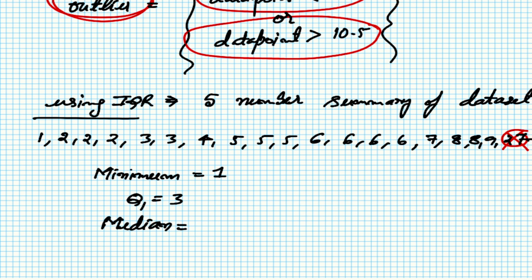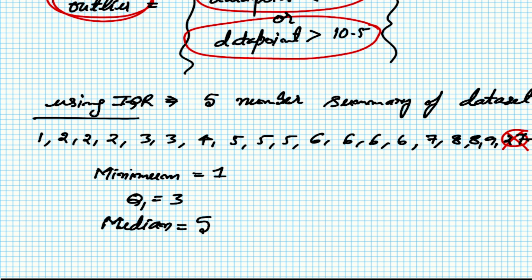That's good. You need to write the data in ascending order and look for the middle term. So that's how you get 5 as the answer. The median in this case is equal to 5.